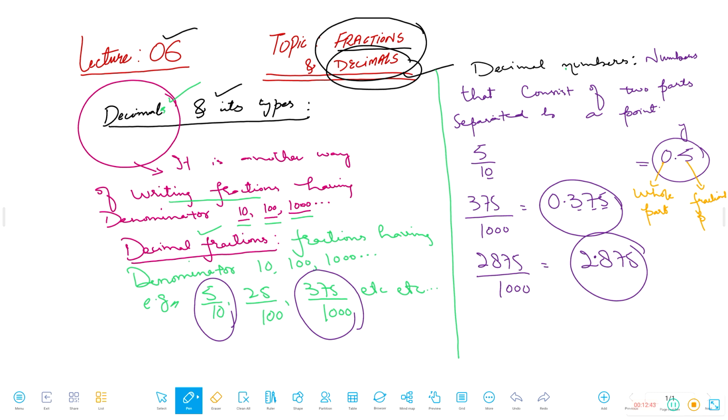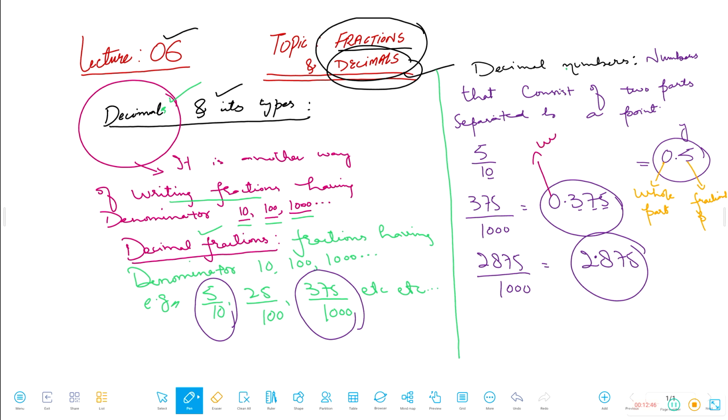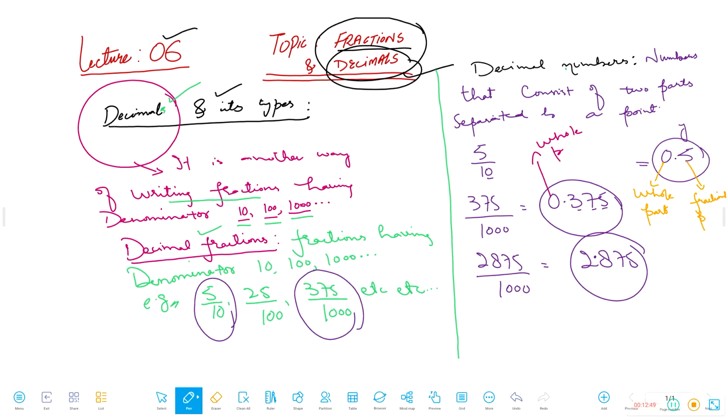We call the part before the point the whole part, and the portion 375 is called the fractional part. Here in the third example, this part is the whole part, and the part after the point we call the fractional part. Now the point that is in between is called the decimal point.